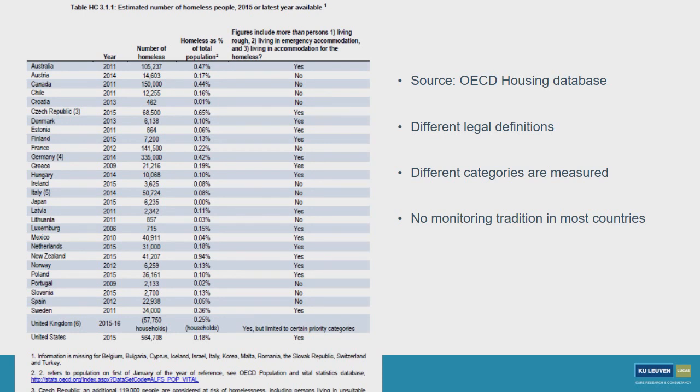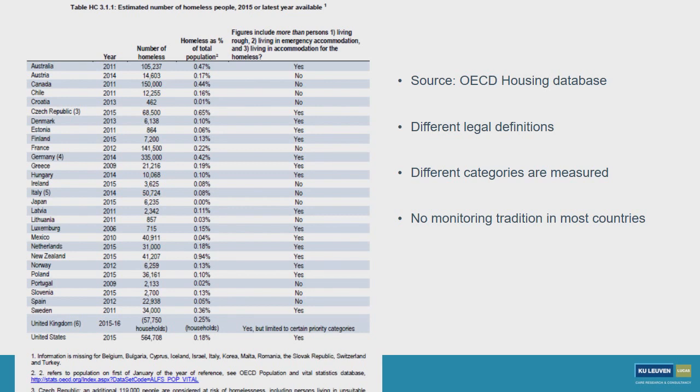Number of homeless people: for instance, Czech Republic, 68,000 people. Mexico, 40,000. But you also see Estonia, only 864. And we all know that these kinds of big differences cause a lot of questions.